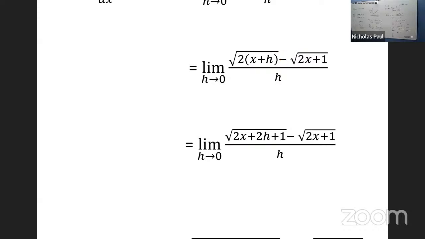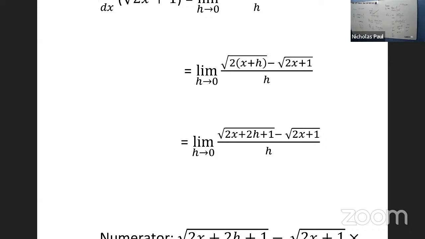For those who did it already, what do you do whenever there are square roots? Something else to simplify it. Kind of something like rationalize. Right, it's rationalization.